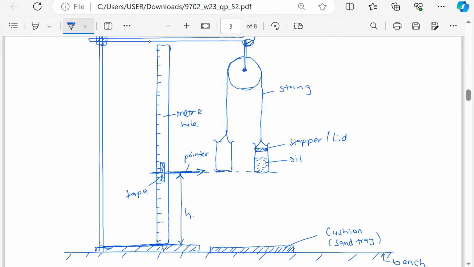Then this ruler is not standing on its own, so I must clamp it. So to clamp this ruler, I'll attach a clamp here.